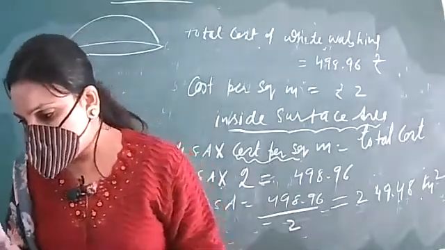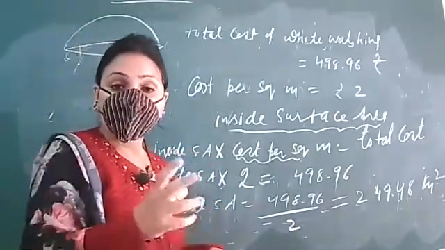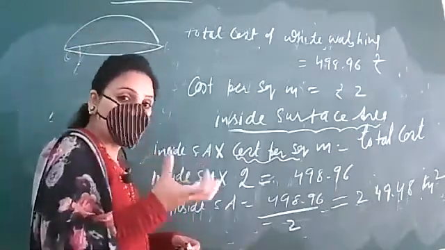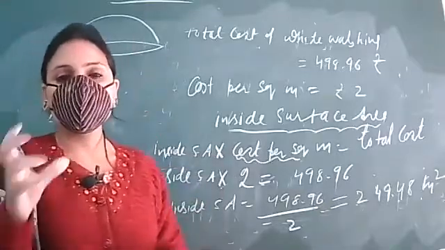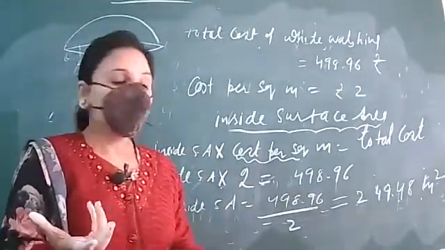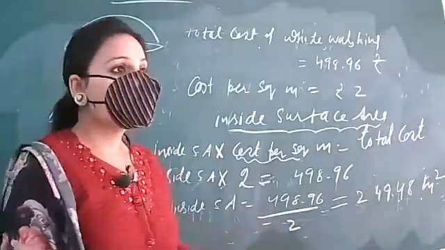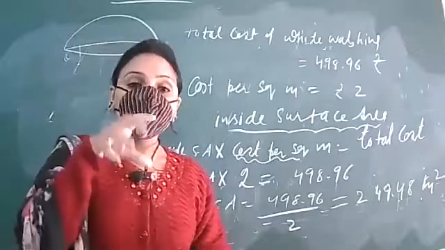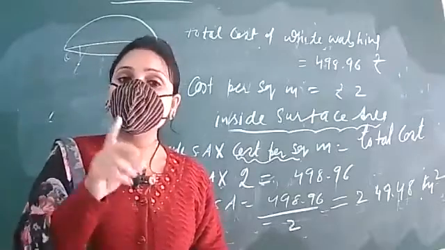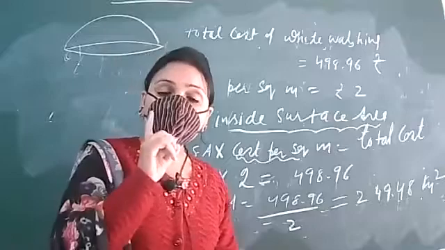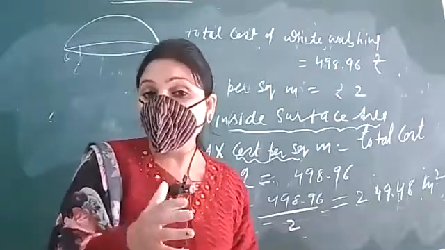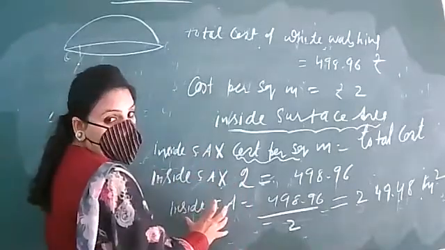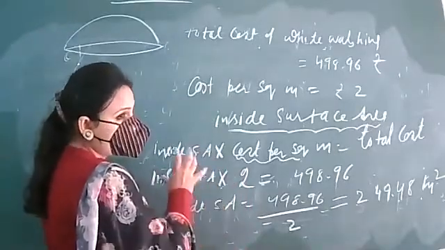Second part is find the volume of the air that is contained inside the dome. So volume of the air that is contained in the spacious object is equal to the volume of the object itself. So to find out the volume of this hemispherical dome, the formula that we will use will be 2/3 pi r cube. That means we need r. So from where will this r be found? This r will be found out by using whatever we have in our hand, and that is inside surface area.